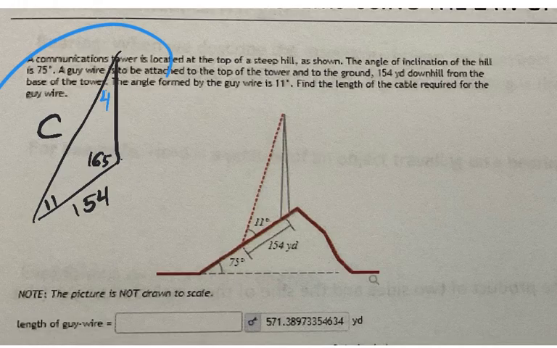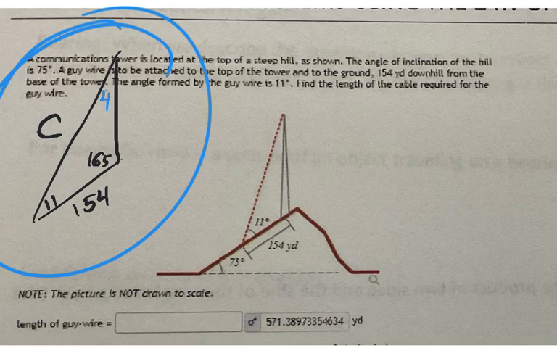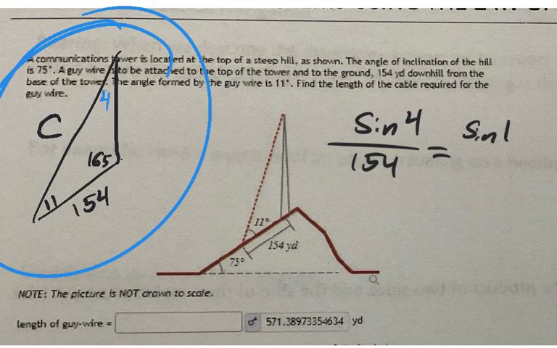But now, do I know an angle and the side opposite? 4 and 154. So I can use the law of sines. This is going to be a huge triangle. Sine of 4 over 154 equals sine of 165 over C. Cross multiply.